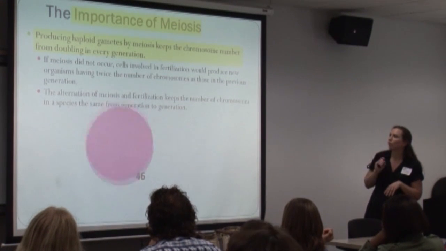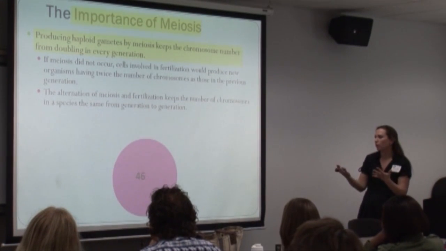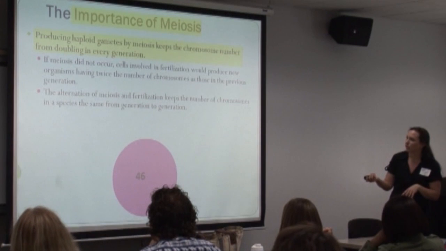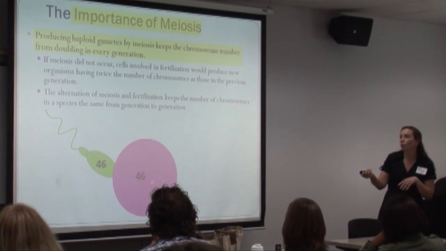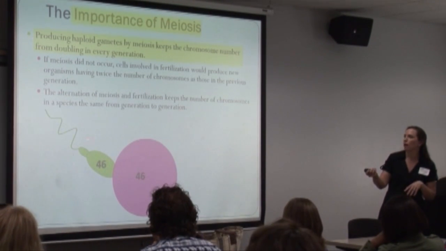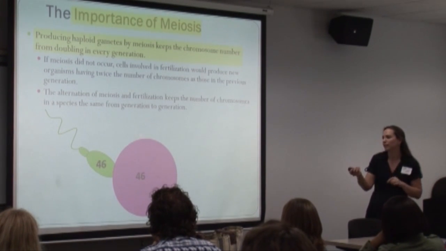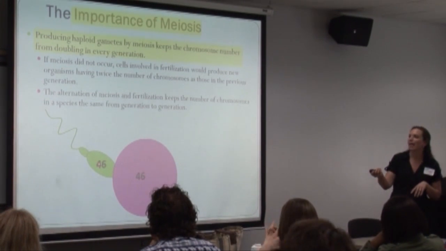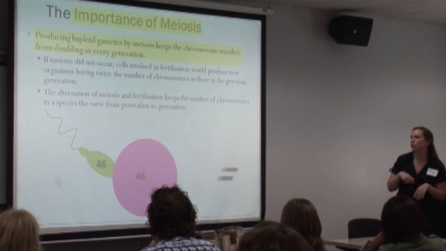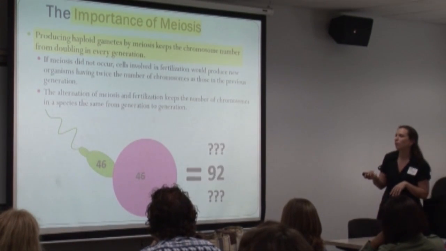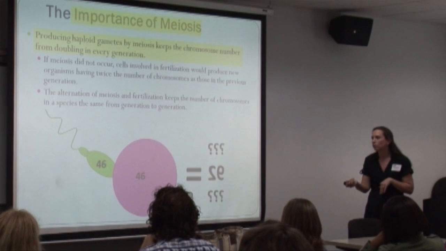Part of the reason meiosis is so essential is that within our genome we have 46 chromosomes in our eggs. If we had 46 chromosomes in our egg and 46 chromosomes within our sperm, we would end up with an individual that had 92 chromosomes.